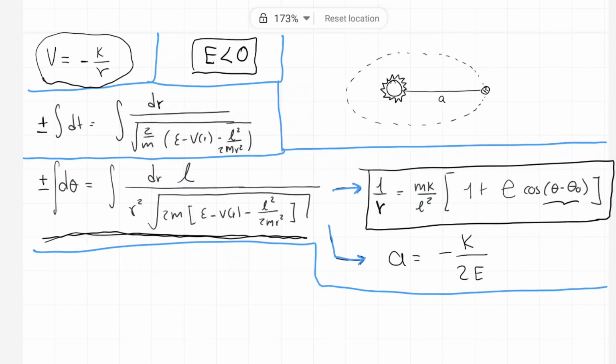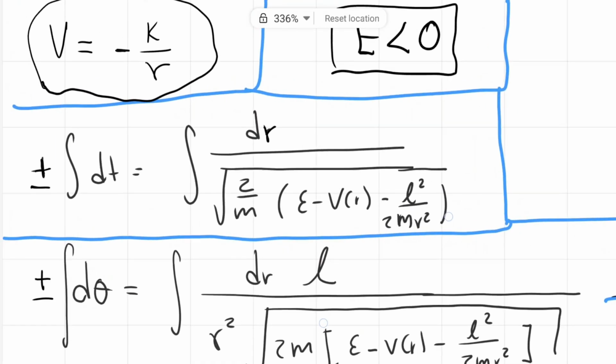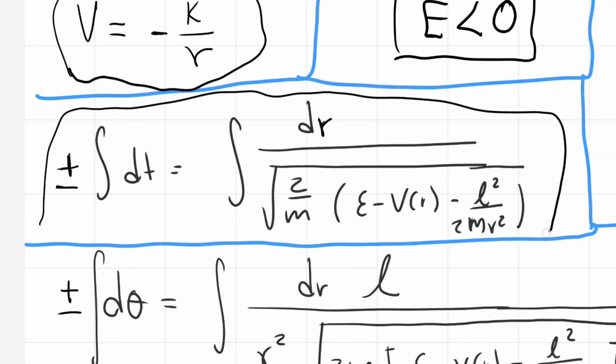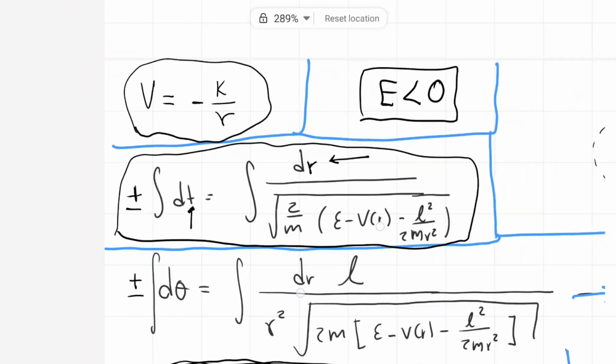What we want to do in this video is to consider the second equation that we found. We already demonstrated how to get to this equation, but the difference here is that we are involving time and the distance r that separates the Sun from the Earth.